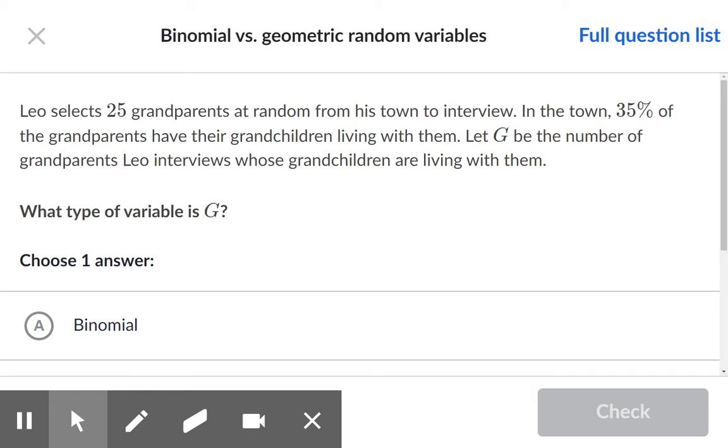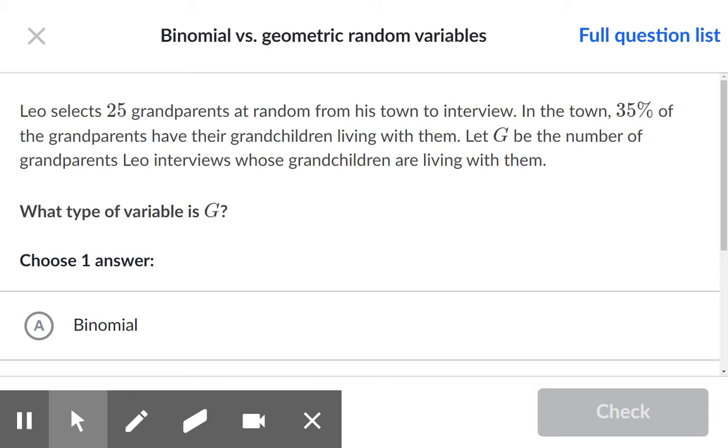By the way, the independence rule is the same thing for geometric. The trials are independent, or you need to check the 10% rule. Checking the 10% rule means the sample size is less than 0.1, or 10%, of the population size. Now, the only difference between binomial and geometric is this.